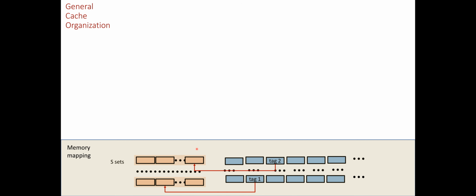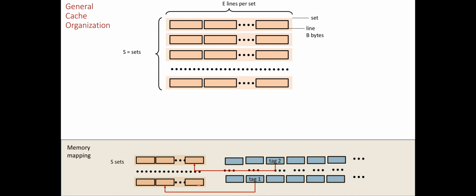So now let's think about this. We've got this idea that we're going to be able to map blocks of main memory with tags to particular sets. And so if we are using the associative type of cache, where we have more than one line in the set, then the actual cache block looks like this.